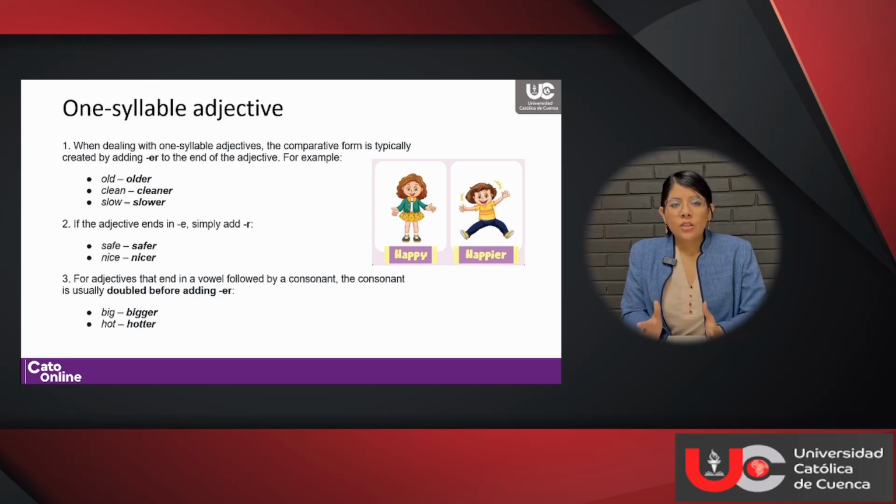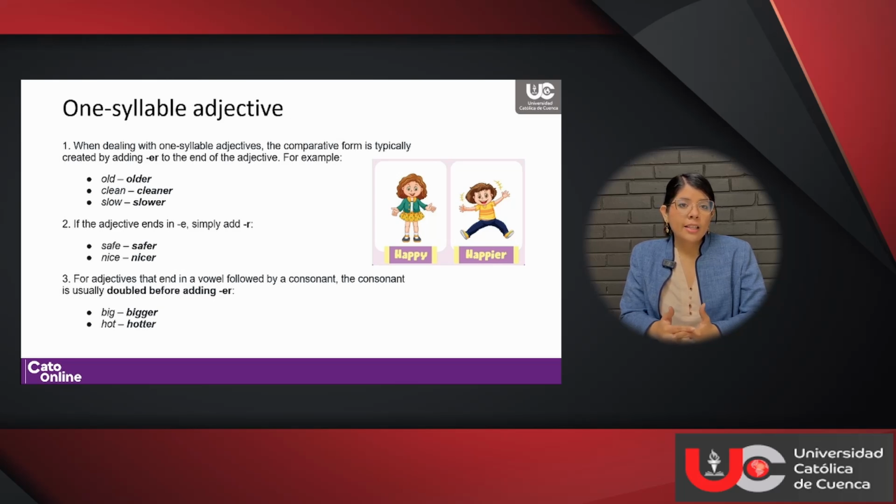Okay, so just to complete the idea of how we use the different rules for the adjectives we have here, for one-syllable adjectives, you're going to have three cases. First, when dealing with one-syllable adjectives, the comparative form is typically created by adding er to the end of the adjective, in cases like old, older, clean, cleaner, slow, slower.